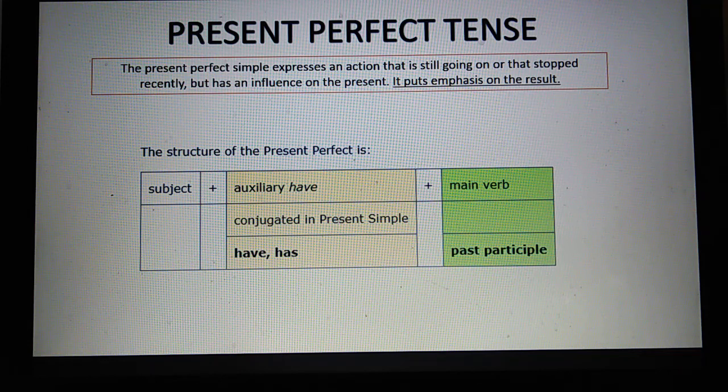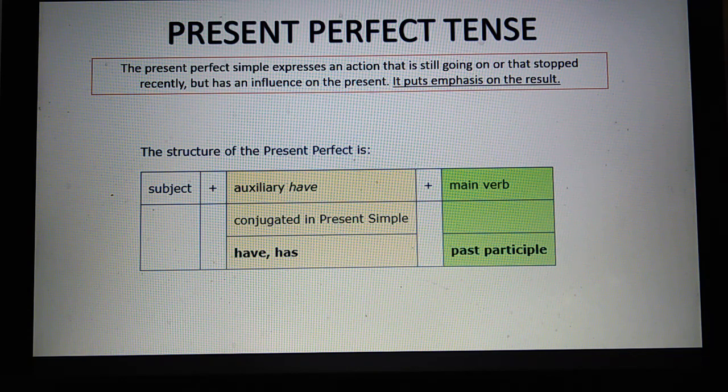And if it has just stopped and has an effect or an influence on the present, then you have to use the present perfect simple. Or it puts the emphasis or the effect on the result. We are mostly thinking about the result.